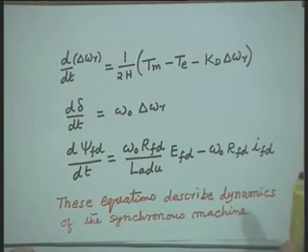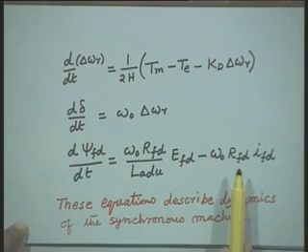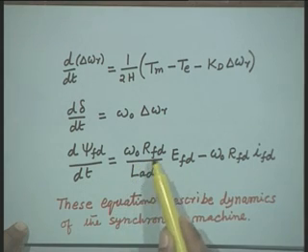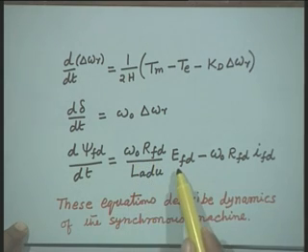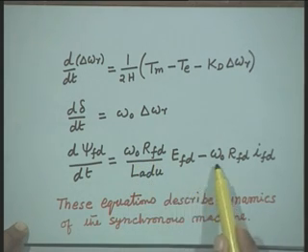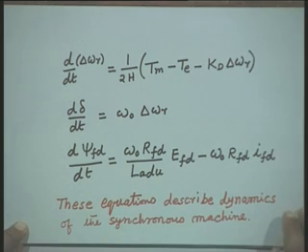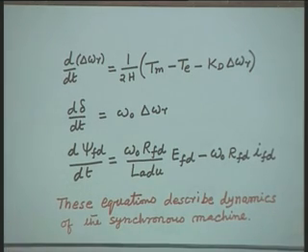Now, to these two equations, I add this third equation, d by dt of psi fd equal to omega naught Rfd by Ladu into Efd minus omega naught Rfd Ifd. These three equations describe the complete behavior of the synchronous machine under dynamic conditions, including the field flux dynamics.